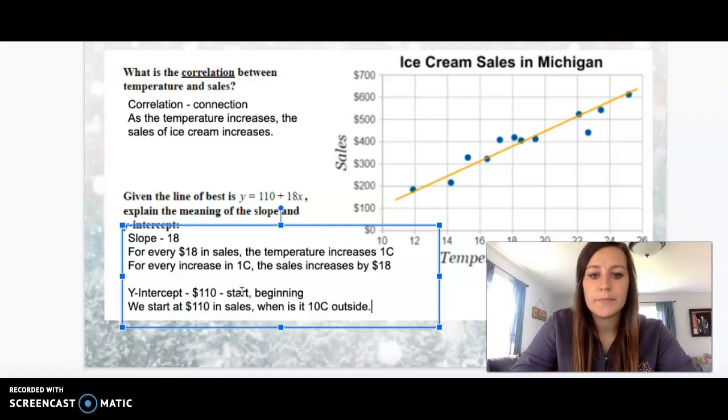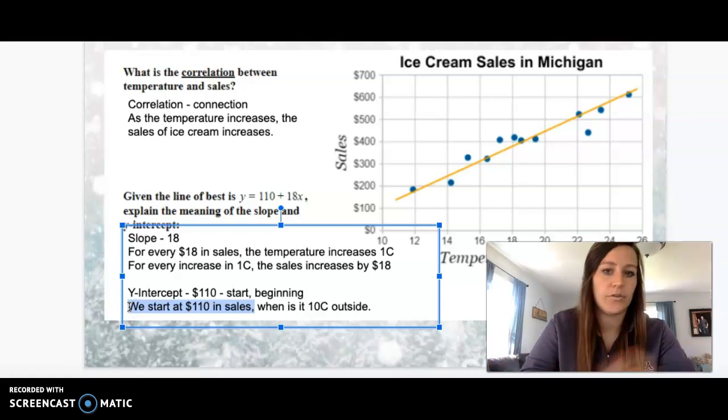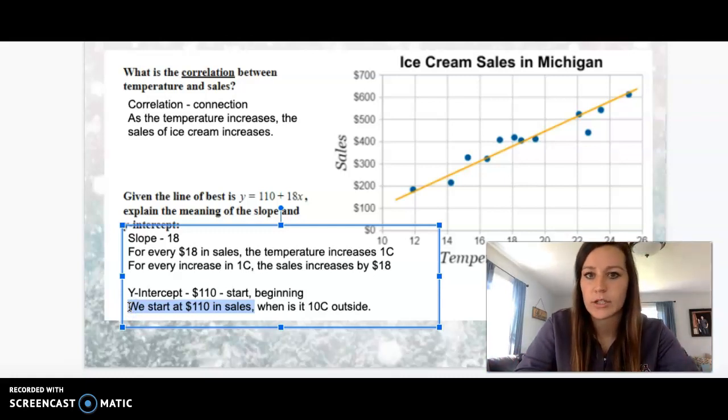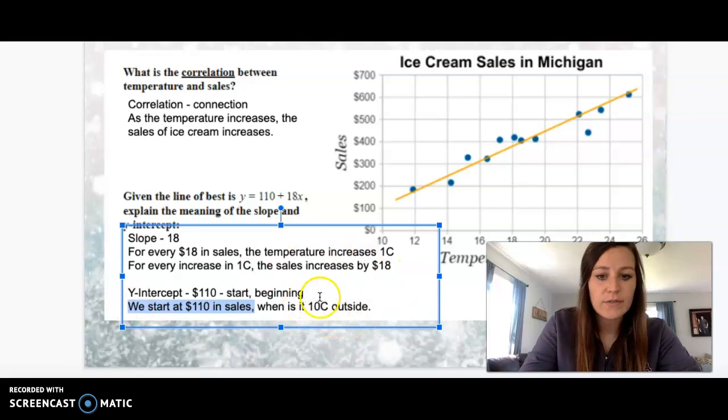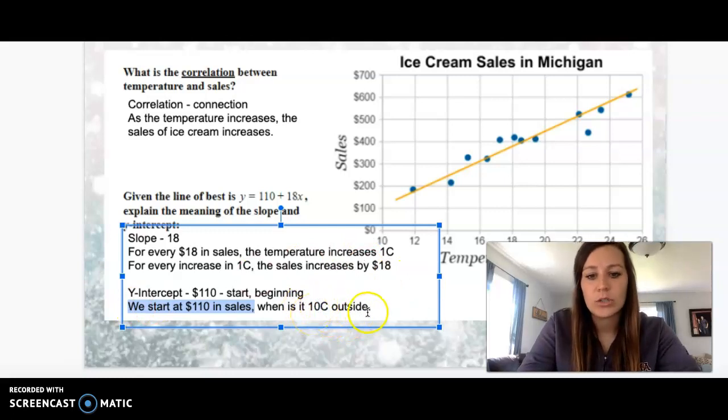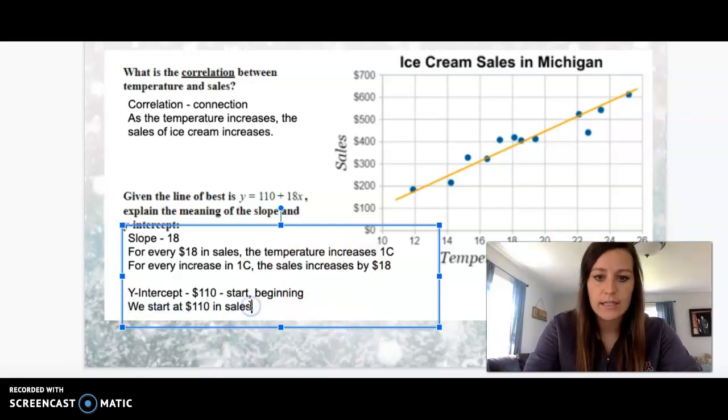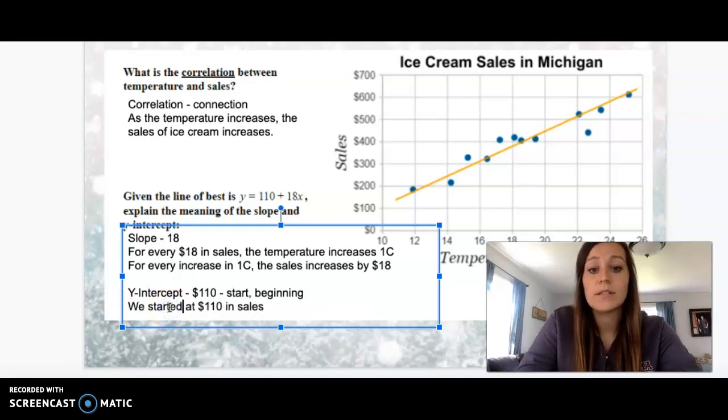Even this beginning part, we started at $110 in sales. Perfect. That's a great way to describe your y-intercept. If you want to add what the x value is, that's awesome, but you don't need to. This is actually not needed. So we could just say we started at $110 in sales.